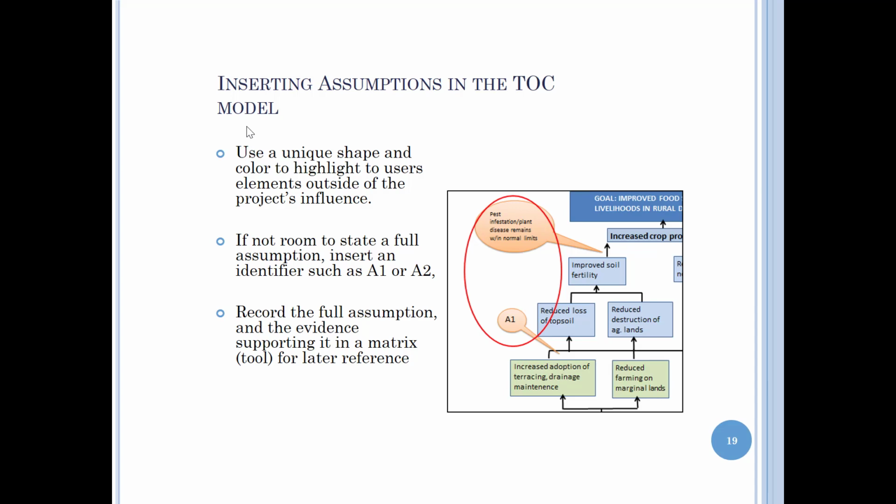And how do you insert assumptions in your theory of change model? In your graphic, you can make such indications with boxes where you can have the assumption formulated as a statement, or you can have only an indication that you're talking here about formulation A1, for example.